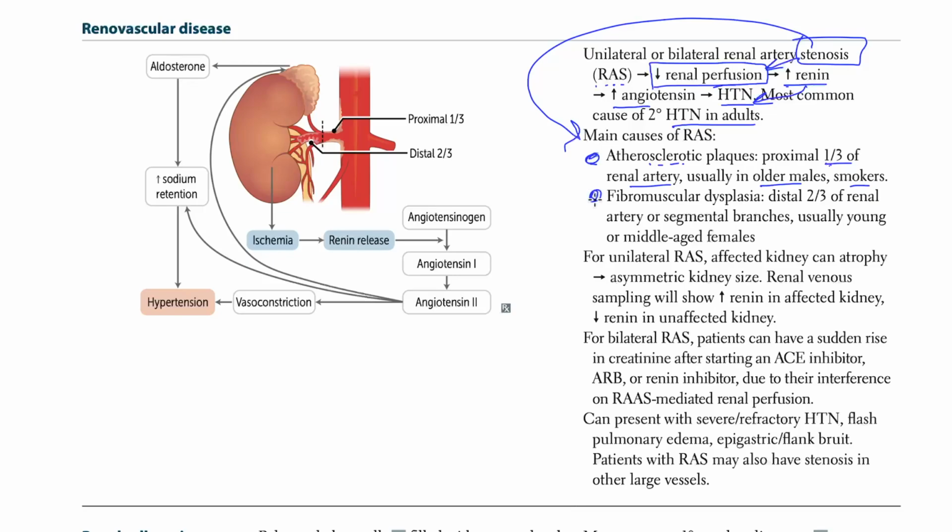And the second cause is fibromuscular dysplasia, which affects the distal 2/3 of the renal artery or segmental branches, but seen classically in young middle-aged females.